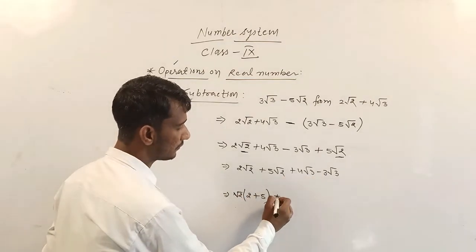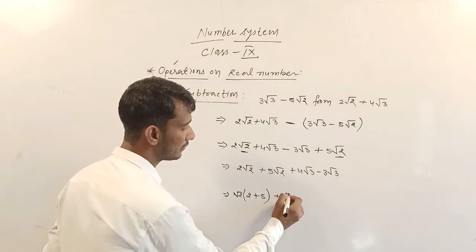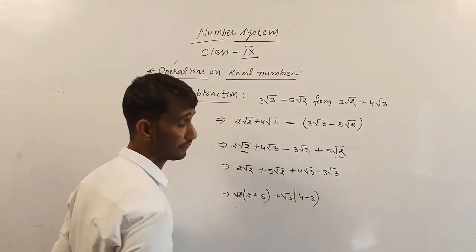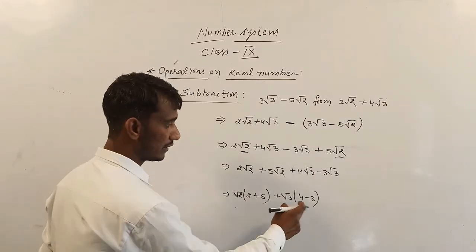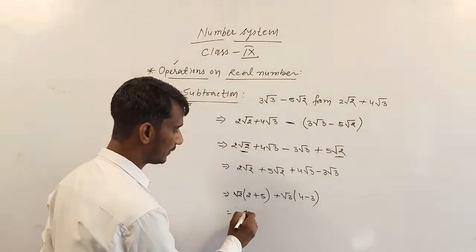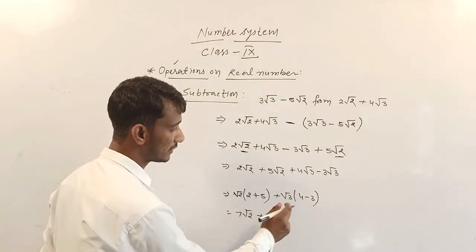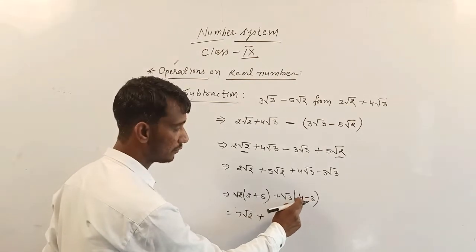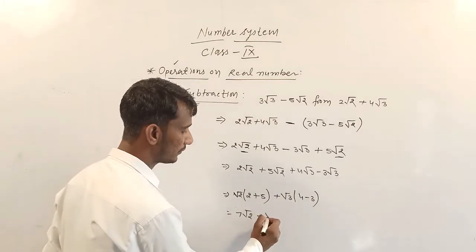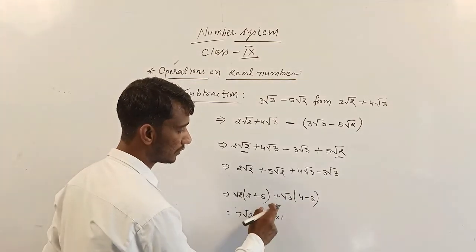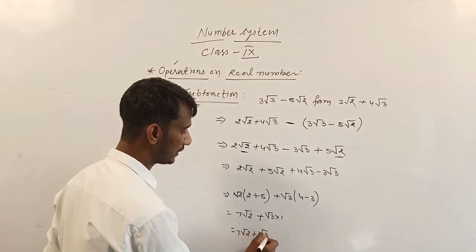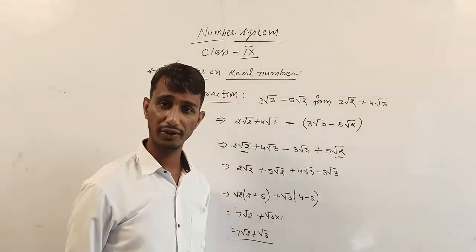And from the other pair we take 4 minus 3. Now solve it: 5 plus 2, 7 root 2, plus 4 minus 3, which is 1 into root 3. So we get 7 root 2 plus root 3. That is your solution.